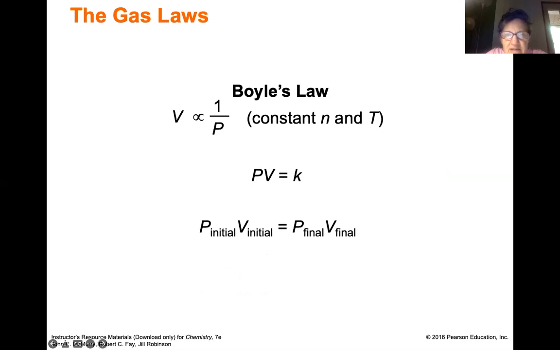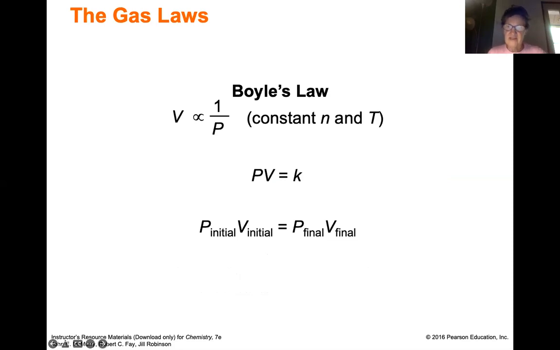So Boyle's law says that volume is proportional to 1 over p. That's the same thing as saying p times v equals some constant. So if you take the p over to the left-hand side, that's the same thing as saying that it's equal to a constant, and k is essentially the proportionality constant.